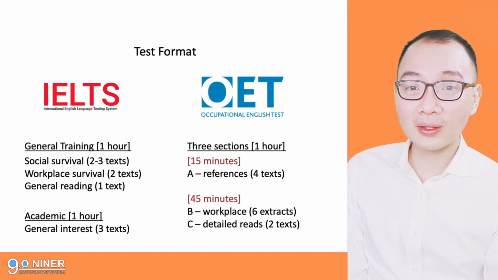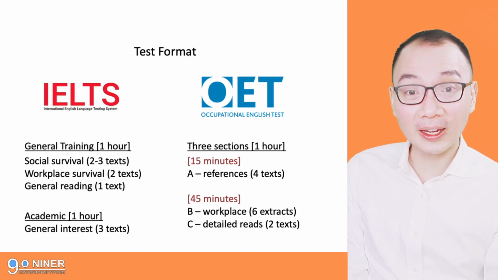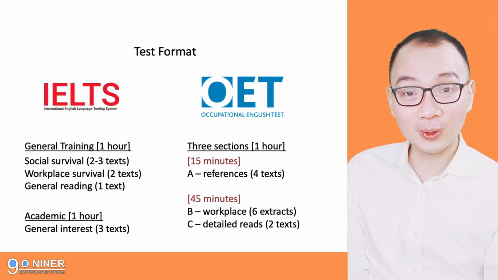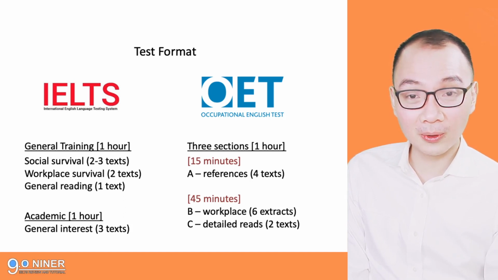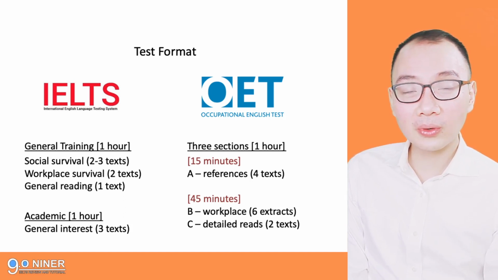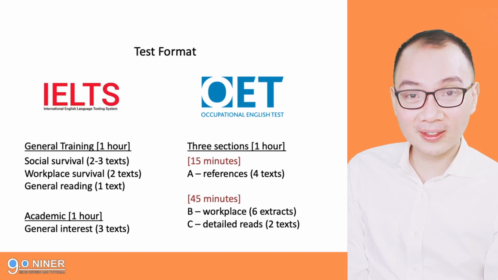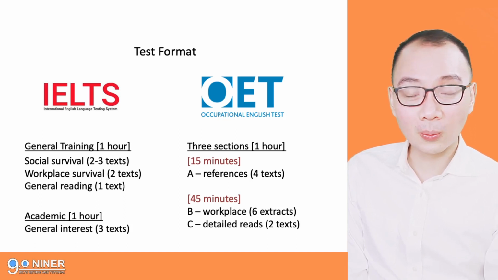After the 15 minutes are over, the papers are collected, so the candidate would be unable to go back to them anymore. And then the materials for parts B and C would be provided. Part B, these are workplace extracts.